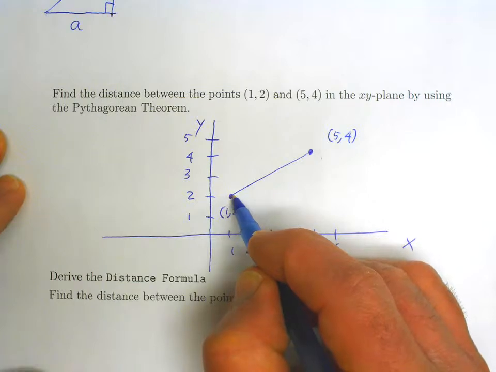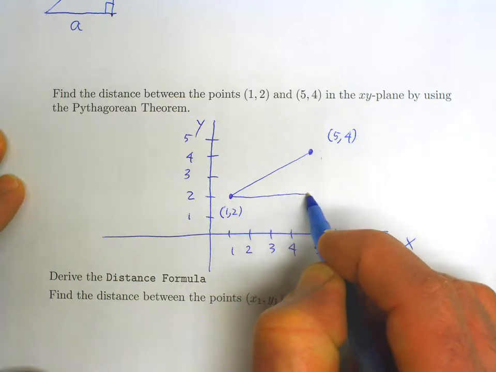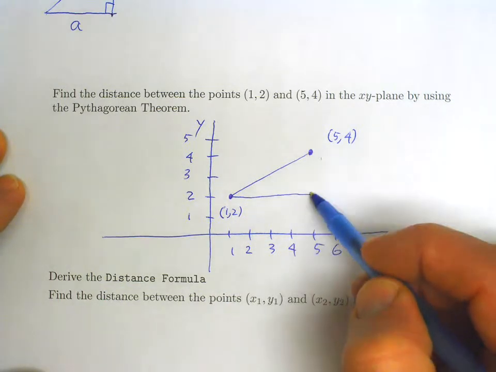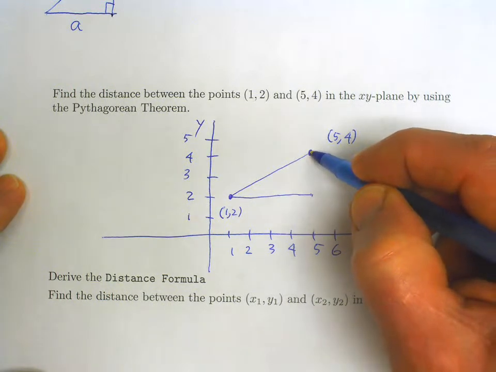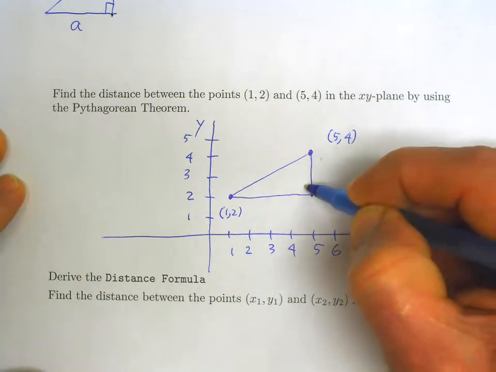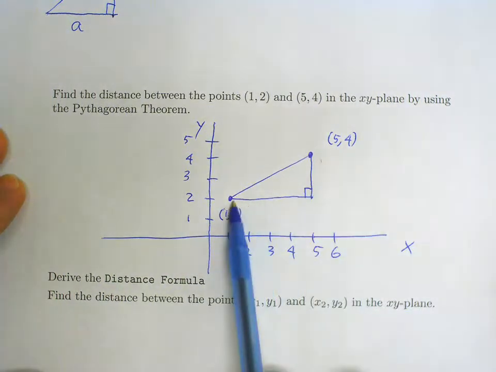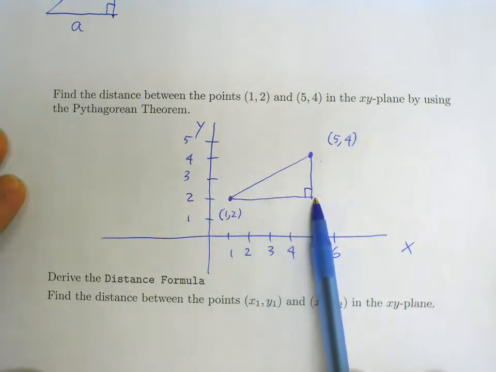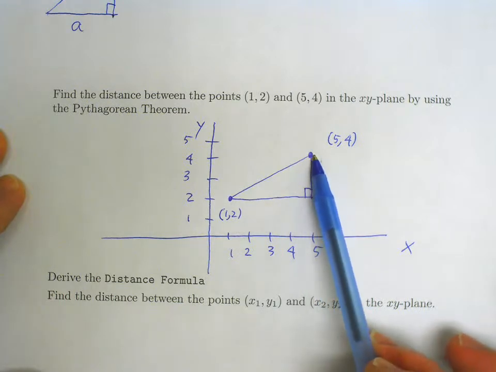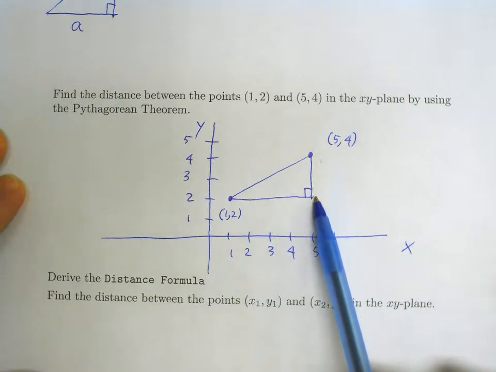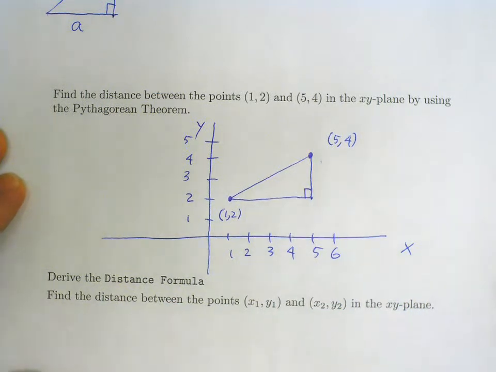So the horizontal line segment, we stop until we're directly below this point. And then the vertical line segment. In general, if a horizontal line segment intersects with a vertical line segment at a point, they form a right angle or a 90-degree angle.